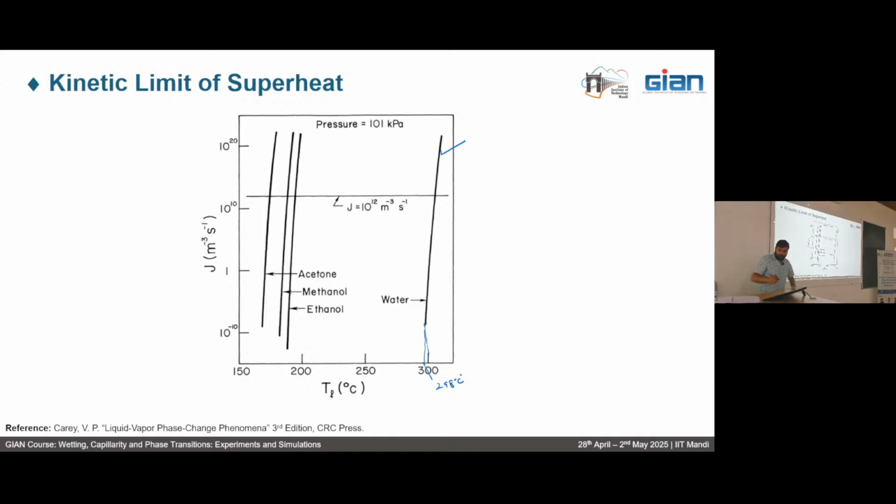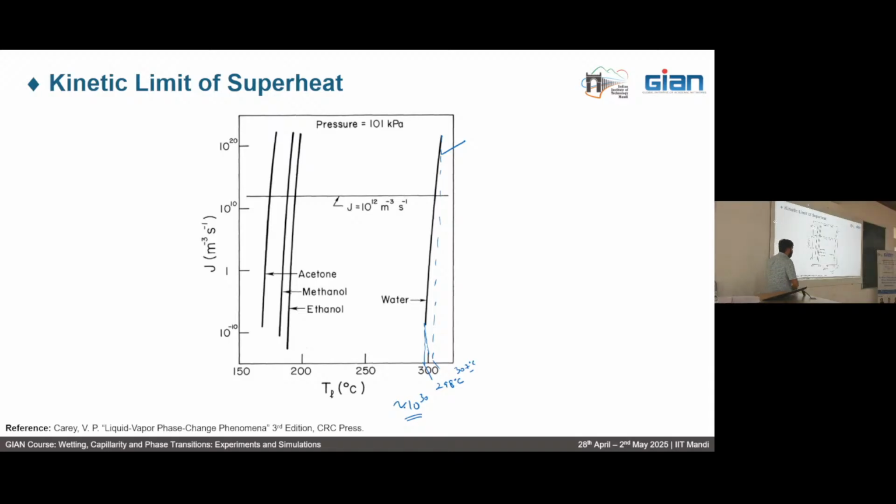But as you increase the temperature incrementally, maybe somewhere around 307 degrees centigrade, almost a 9-10 degree Celsius increase, you can see that the excess rate of formation of embryos just jumps from 10 raised to the power minus 10 to 10 raised to the power 20. That is almost a jump of 30 orders of magnitude, massive.